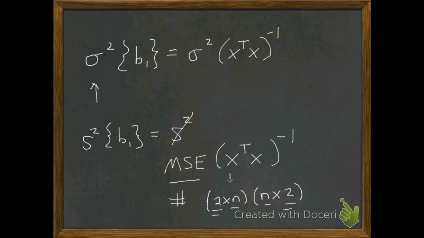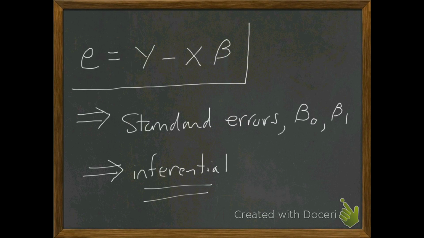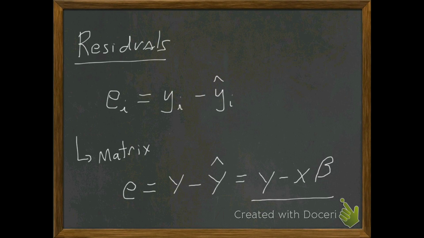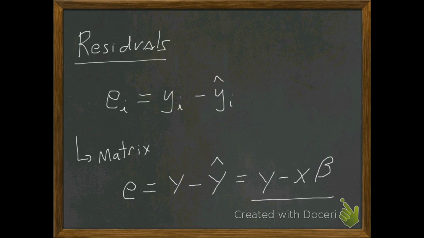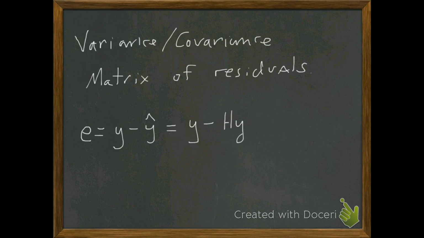Let me go back and look at something here. So y minus Xb, yeah, here. So that can be expressed as Hy, which we could re-express like this.